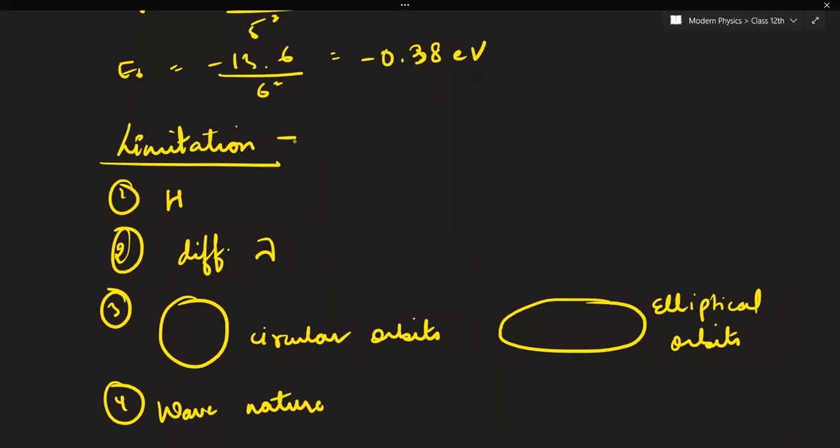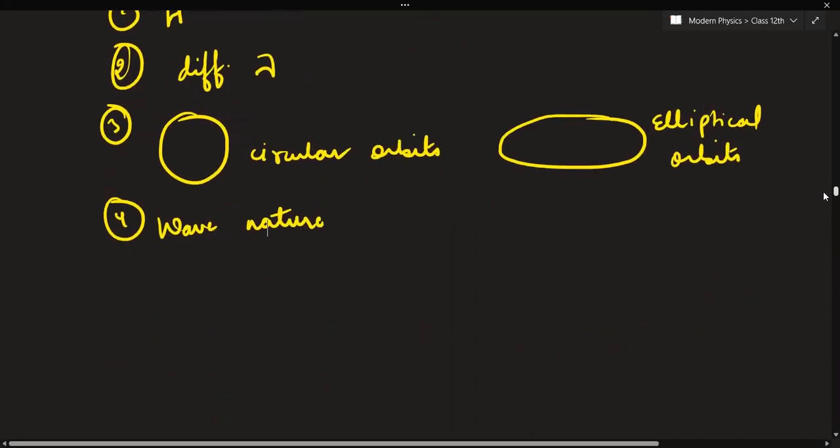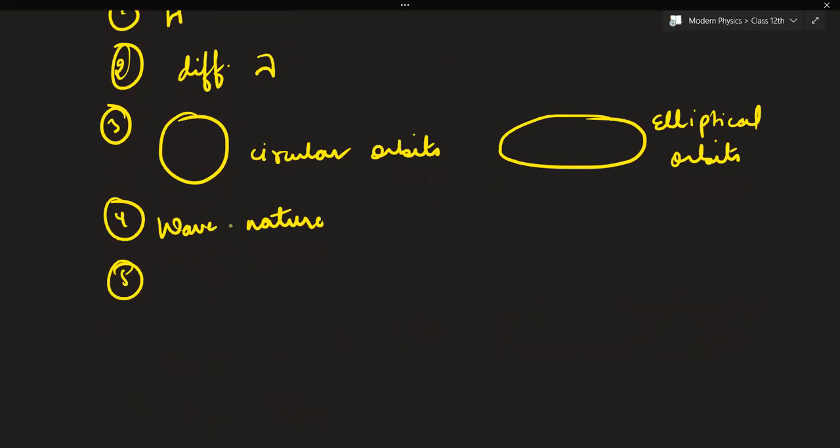But electrons exhibit wave properties also. So the orbits of electrons cannot be exactly defined in Bohr's theory if they exhibit wave properties. So that also became a very big limitation. And spectral lines, we have discussed that. Okay, last thing: Zeeman effect and Stark effect.